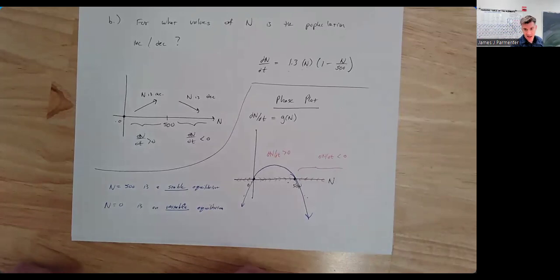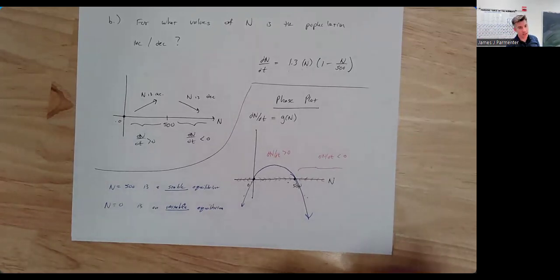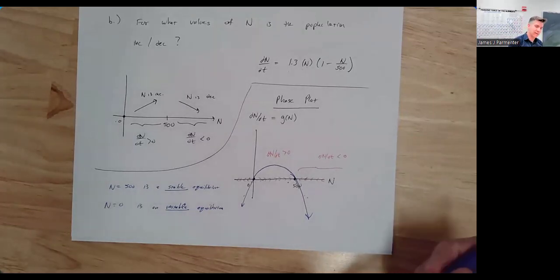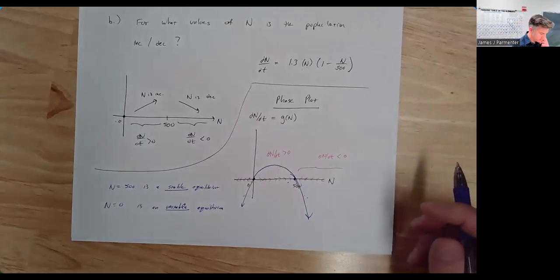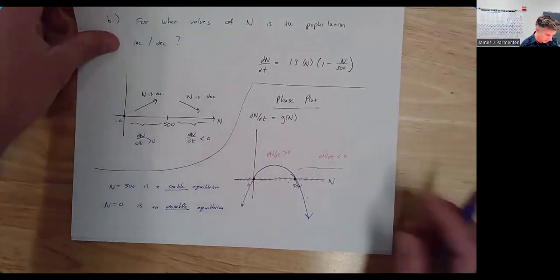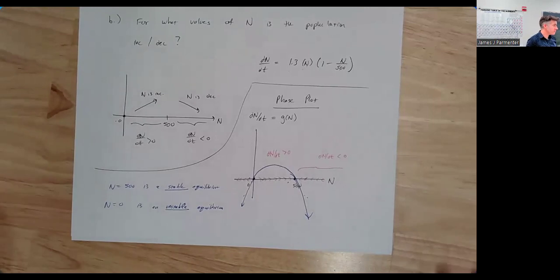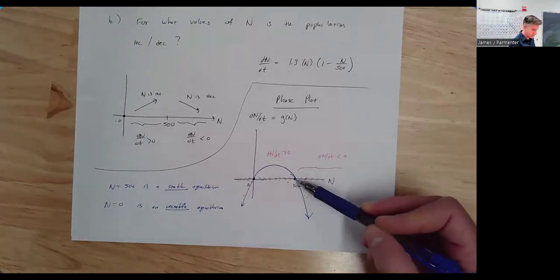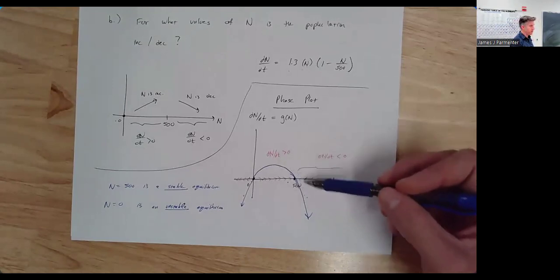Someone's asking, how do we determine stability using the stability criteria? Sure, we're getting a little bit ahead of ourselves, but I suppose we might as well. So here's what I would say. At this stable equilibrium, does my graph have a positive derivative or a negative derivative?